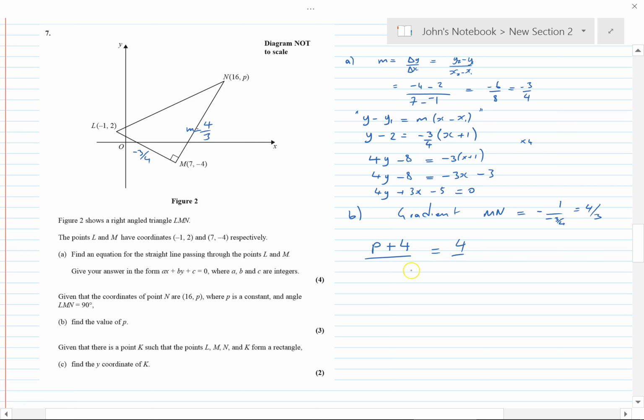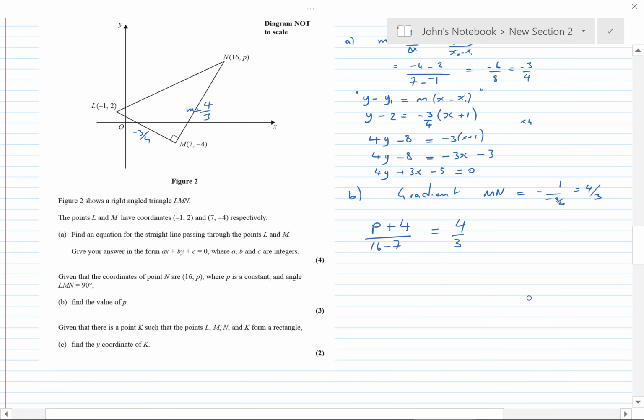Let's write that more carefully. 16 minus 7 is 9. So we have 3 times p plus 4 is equal to 9 times 4, which is 36. So that's 3p plus 12 is equal to 36. 3p is equal to 24, so p equals 8.